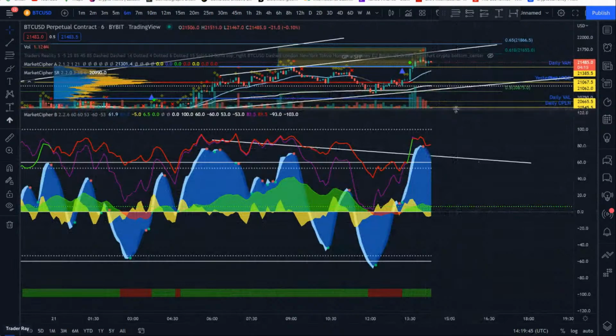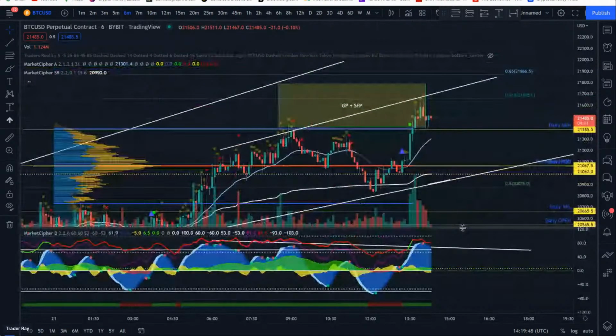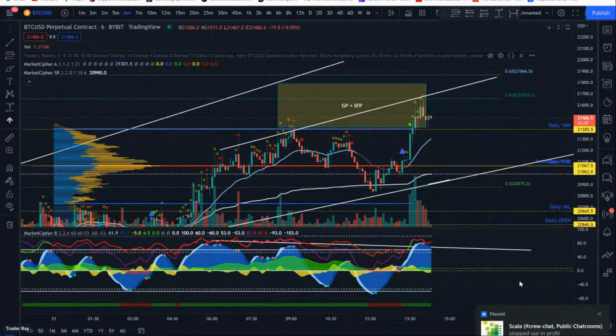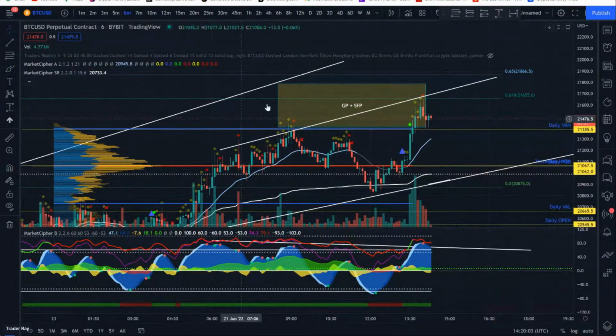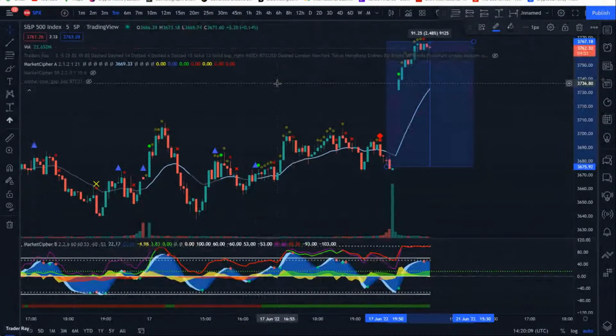This is confusing. The 6 minute doesn't tell us what we want to see. Volume is quite dropping. Look at this volume. It's like the market is waiting to see what they are going to do, and therefore we are going to choose a direction.